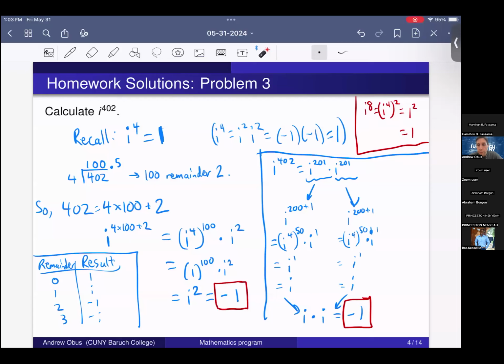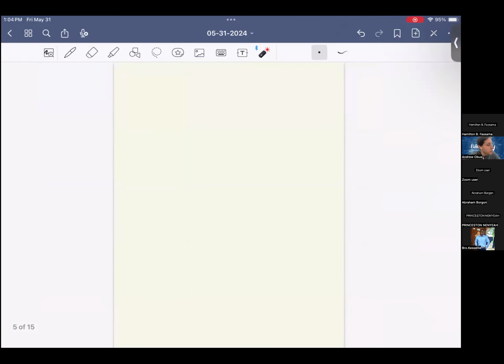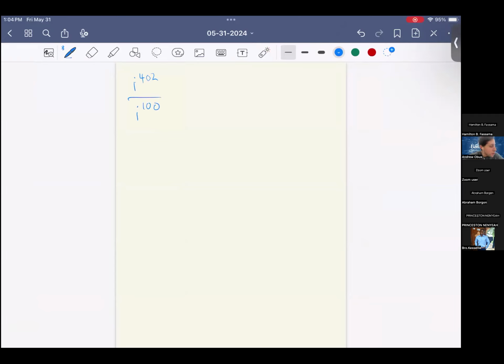Yeah. Let me ask this question. Why, in case we have i raised to the 402 power all over i raised to, let's say for example, the 100 power, in that division sign, what can we do? Right. So then you can use the laws of exponents, right? So if you had i to the 402 divided by i to the 100, well, there's a few things you could do.